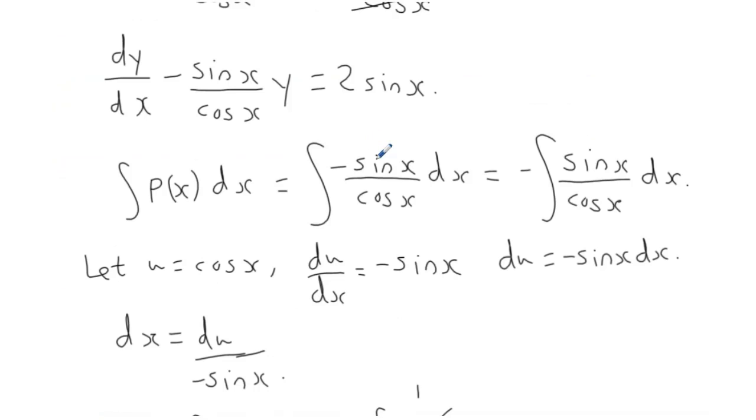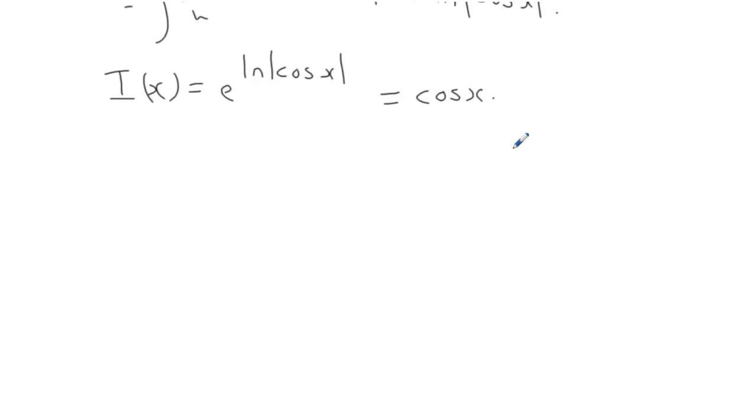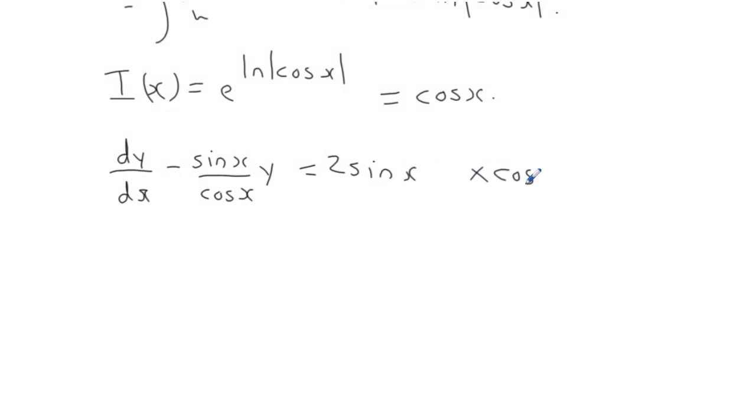The differential equation that we need to multiply through by the integrating factor is dy by dx minus sine x over cos x y equals 2 sine x. And remember, we need to multiply through by cos x, the integrating factor.